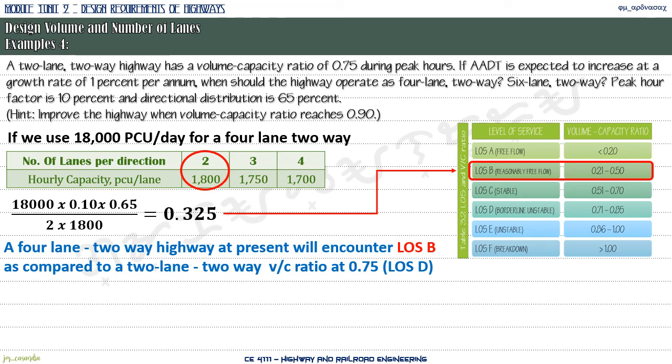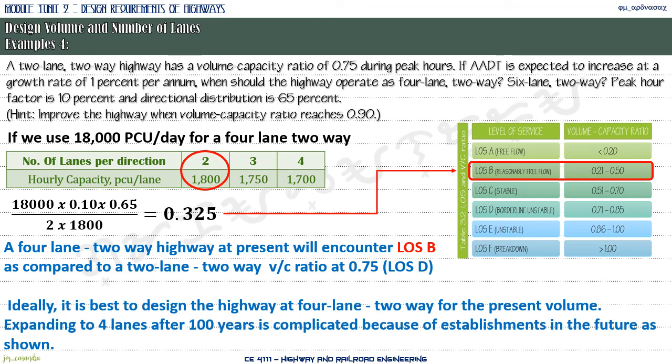Okay? So, it's better now to have a 4-lane two-way highway while it is still at 18,000 PCU. Okay? So, it's ideal now to begin our design of 4-lane highway at present, since expanding to 4 lanes after 100 years will be very complicated as there is now the presence of existing establishments in the future.